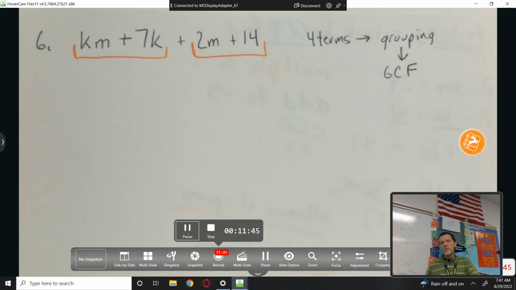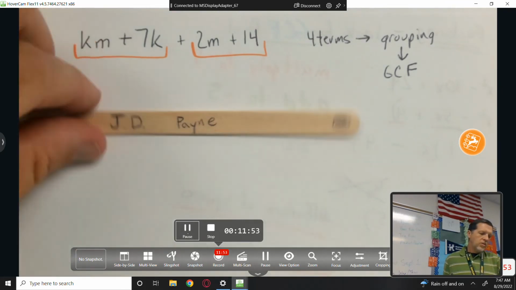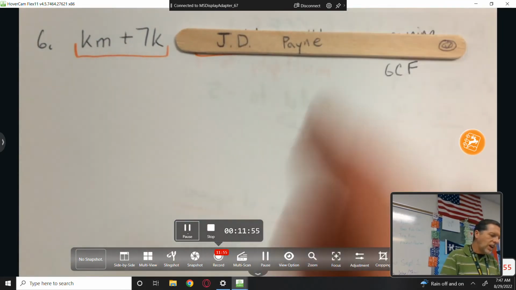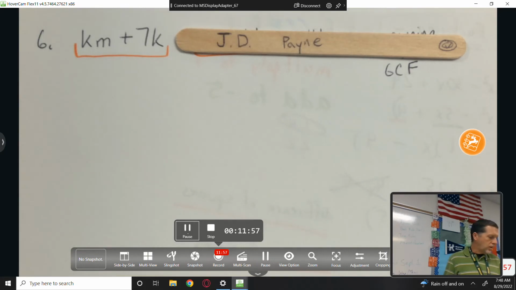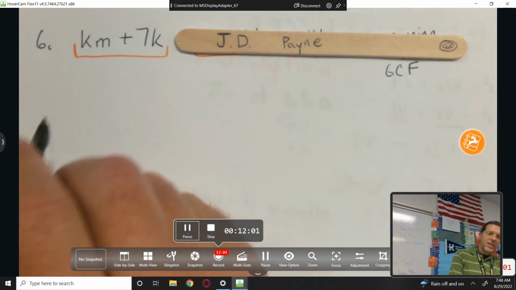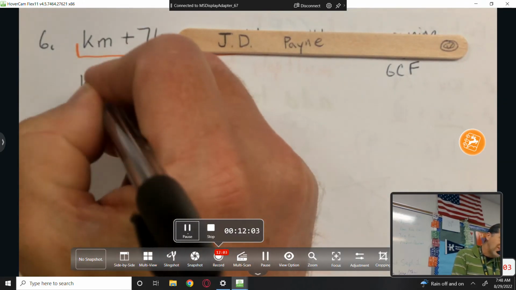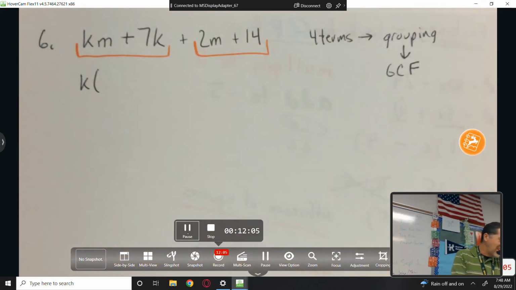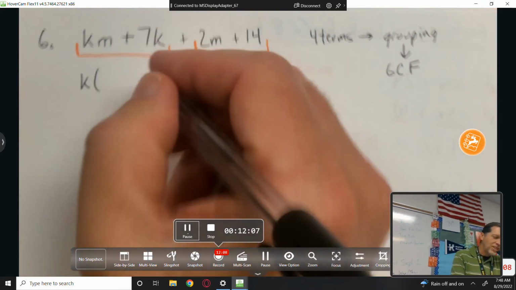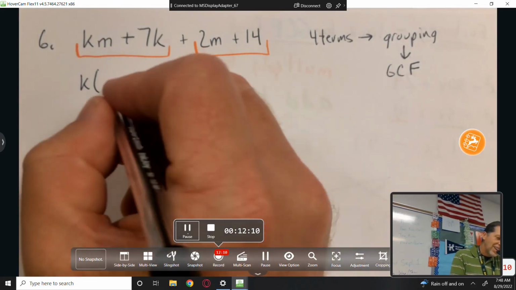So it's not a greatest common factor of everything, it's a greatest common factor of the groups. So on that first group, JD, just looking at Km and 7K, what could we factor out of that? Okay. Indeed. And then what would that leave us with if we take out a K? M plus 7.